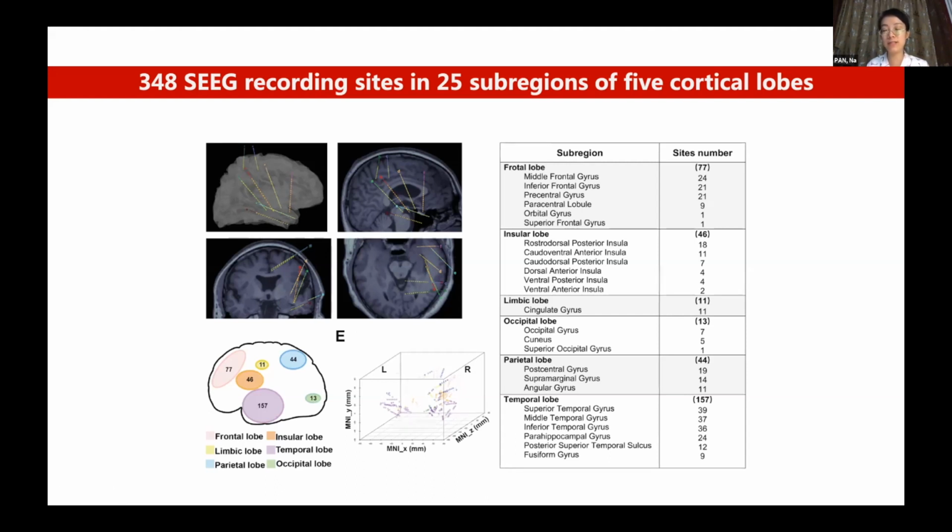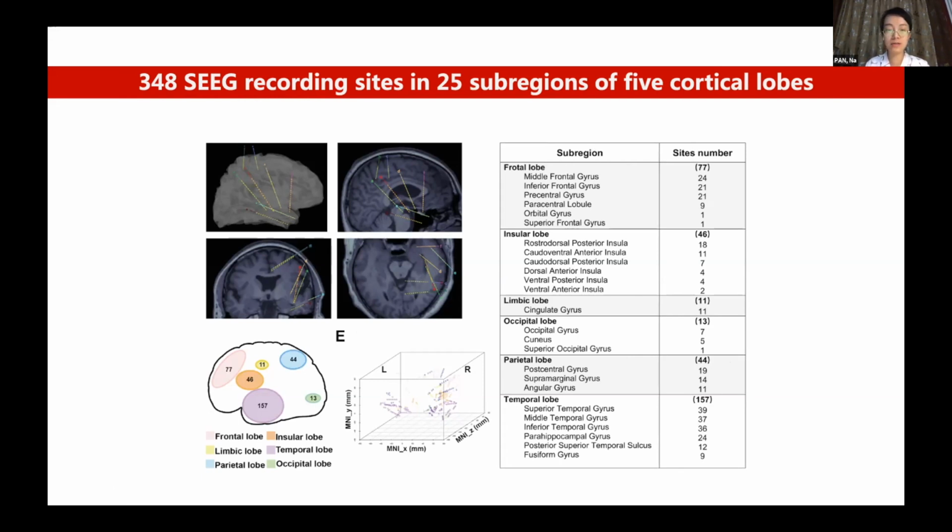We defined these coordinates according to the Human Brainnetome Atlas, published in Cerebral Cortex in 2016. All 348 recording sites are distributed in the subregions shown in the table at the right panel.